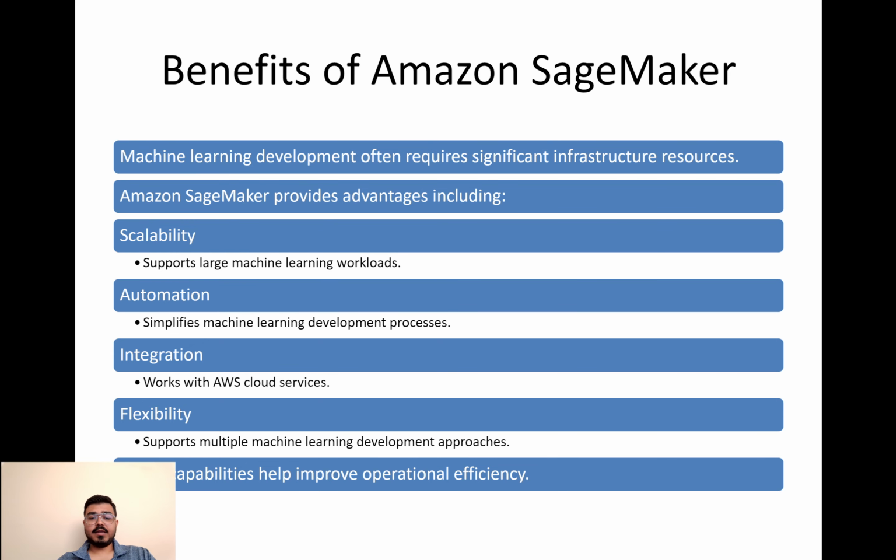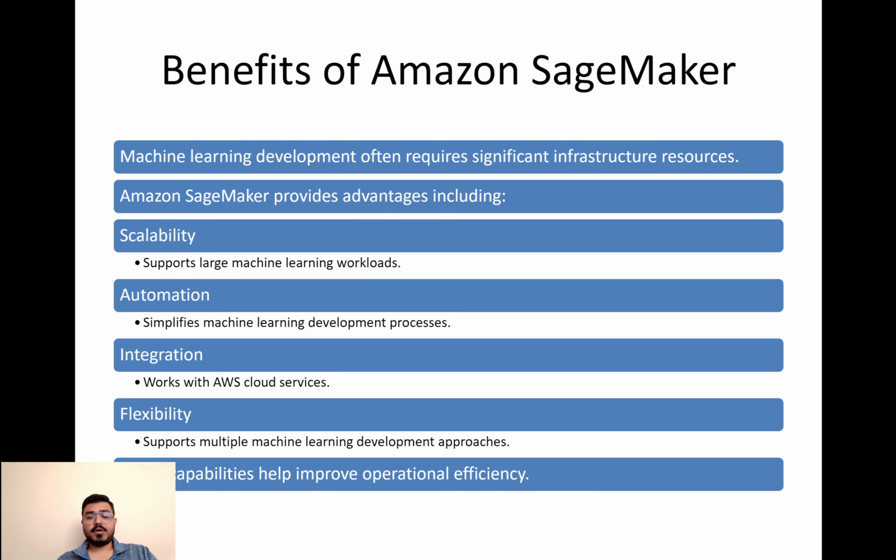So, machine learning development often requires significant computing resources and infrastructure. So, Amazon SageMaker provides several advantages that help organizations build machine learning systems more efficiently. The first benefit is scalability. SageMaker supports machine learning workloads that may grow over time. The second benefit is automation. SageMaker simplifies the machine learning development process and reduces manual effort.